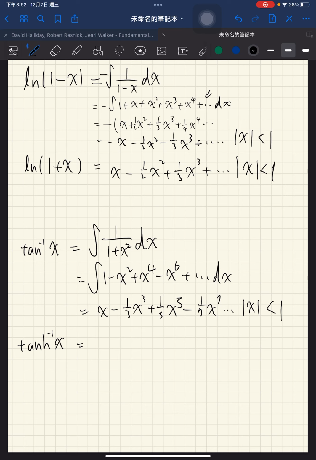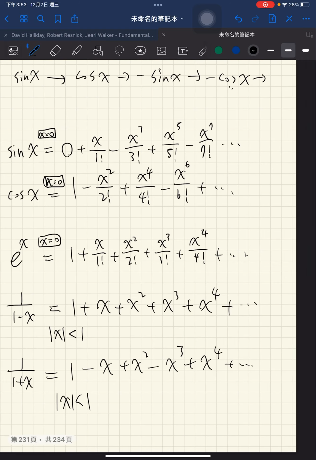And we know that is just the integral of 1 over 1 plus x squared dx. So all we need to do is apply this.